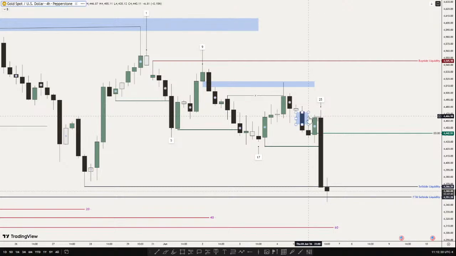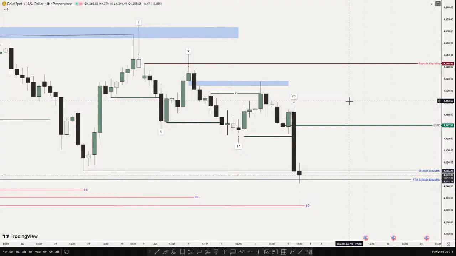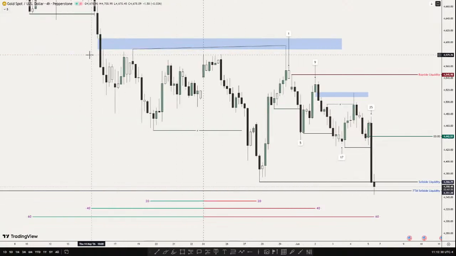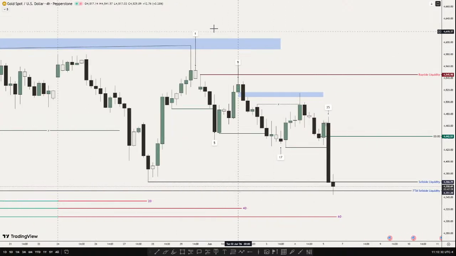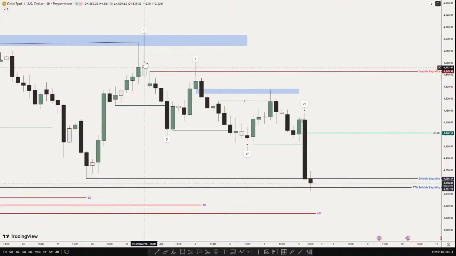Now moving towards my favorite part, which is the sequence. When price tapped into this higher time frame fair value gap and the 4-hour fair value gap, inside that higher time frame fair value gap, it started a sequence which was 1, and ignore all the inside bars and then count from here: 1, 2, 3, 4, 5.